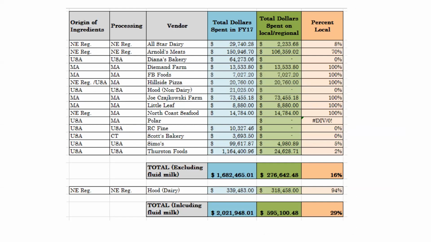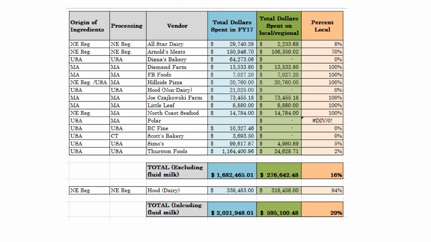So for example, we have a small distributor company called Arnold's Meats located in Chicopee Schools who was already delivering to all 15 of our schools. And before they started carrying local products, we were only buying deli meat from them. Over the last year, we were adding small amounts of local food that developed into larger amounts of local food, where we needed some more infrastructure to get its source to the Chicopee schools.